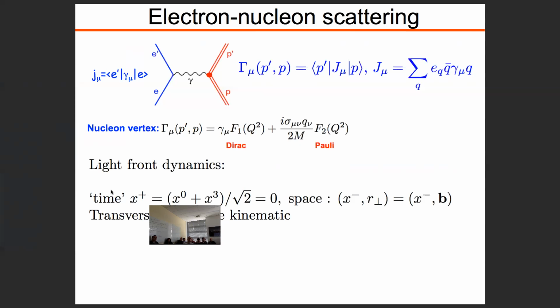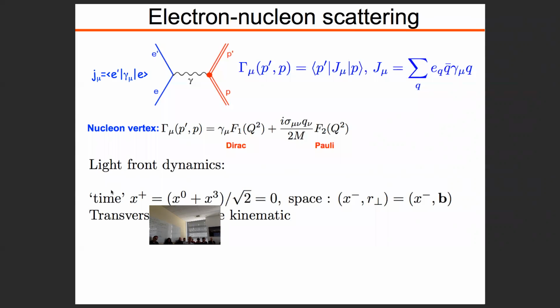The sum on q is the sum on quark flavors. And as you know, for elastic scattering on an on-shell nucleon, to calculate this vertex you take matrix elements between spinors of gamma mu, the Dirac term, and i sigma mu nu q nu over 2m times F2, the Pauli form factor.